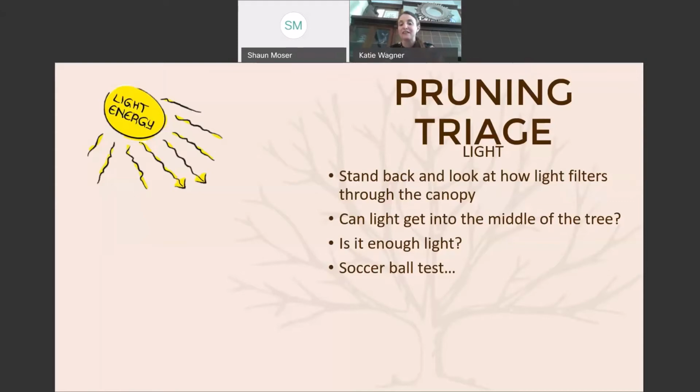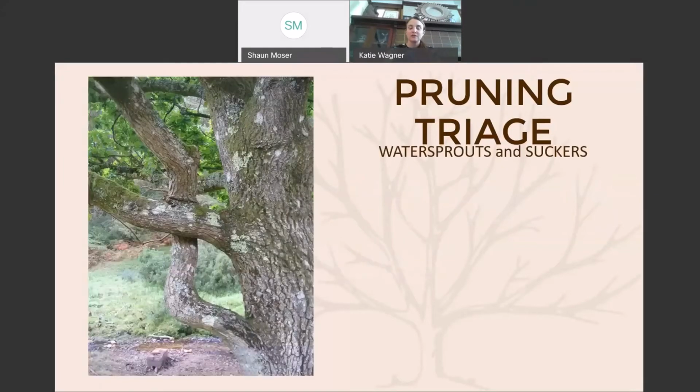You should have at least that much clearance between those two branches, to clear a soccer ball. So again, you're looking for these pockets of light to penetrate into the interior canopy of that tree, so you can get the sun, you can get the fruit production.